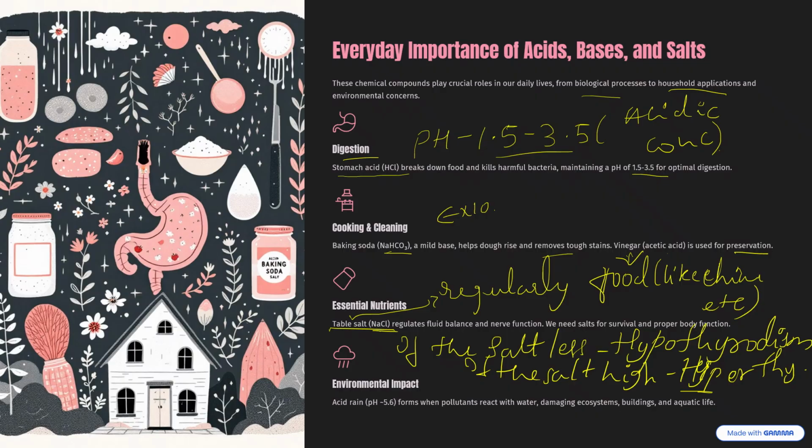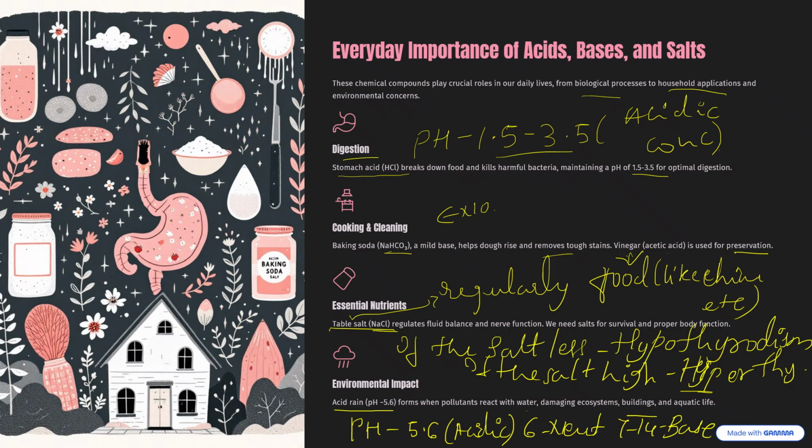Environmental impact, acid rain, ranges to a pH of 5.6, which is acidic, 7 is neutral, and from 8 to 14 it is base. Acid rain forms when pollutants react with water, damaging ecosystems, buildings and aquatic life.